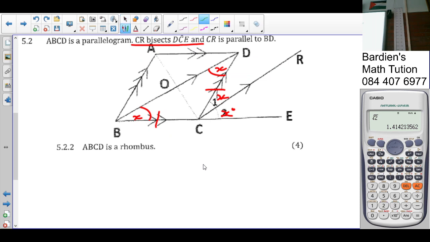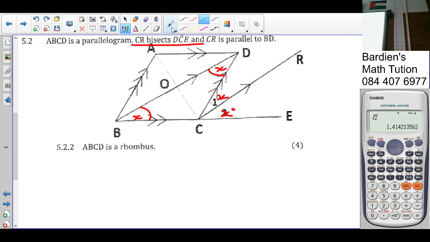In 5.2.2, we are asked to prove that ABCD is a rhombus. I think I wrote this too early. For it to be a rhombus, all sides must be equal, or the diagonals must bisect the vertex angles.